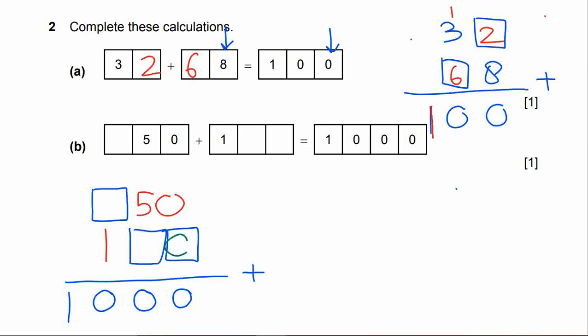The answer will be 0. 0 plus 0, 0. 5 plus what will make 0? In here it's 10. So 5 plus 5 to make 10. We keep 1 here. So 1 plus 1 is 2. 2 plus what to make 0? In here is 10. 2 plus 8 to make 10. So this is 10. Here 8, 9, 10. So 0, 1, 10. So the answer will be 8 and 150.